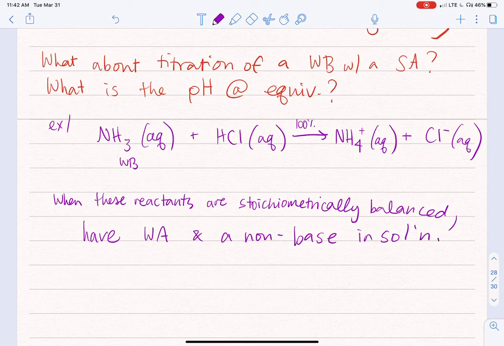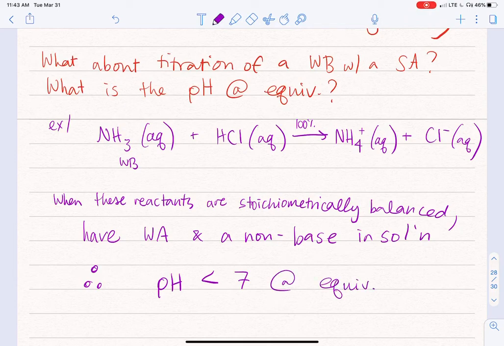So what should the pH be? Therefore, the pH is going to be acidic. It's going to be less than 7 because you have a weak acid in solution at equivalence. So the pH is going to be less than 7 at equivalence.